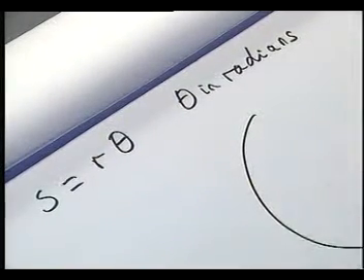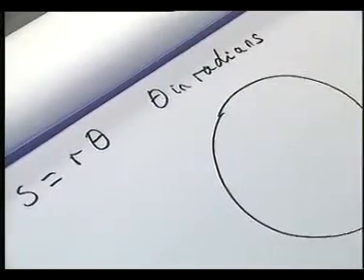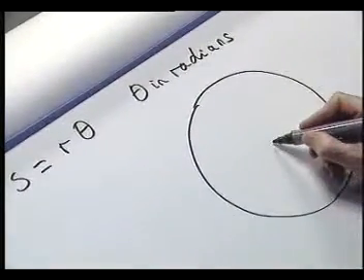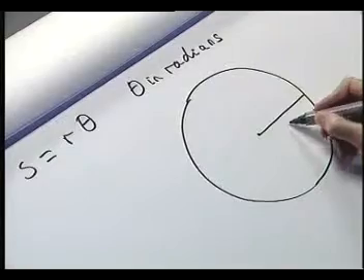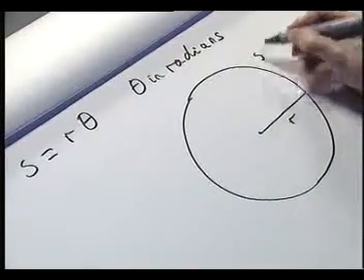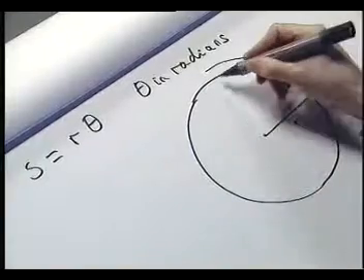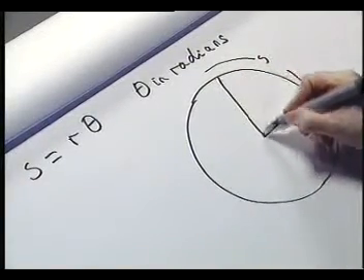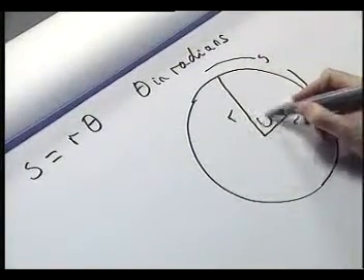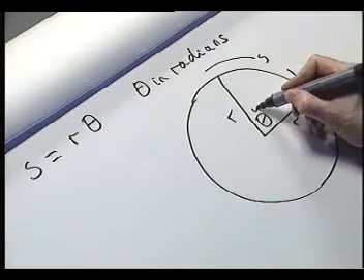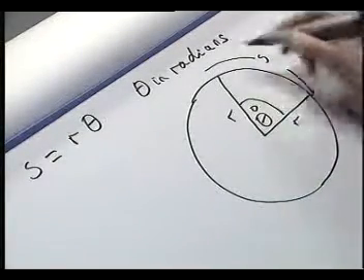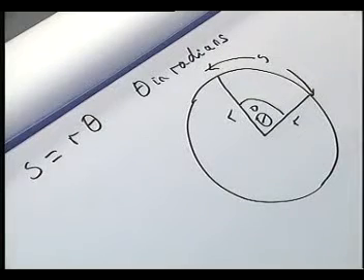Let's just have a look at our circle. Radius r. Our arc length S is around the circle like so. Radius r. And this angle in here, let's mark it as being theta degrees.